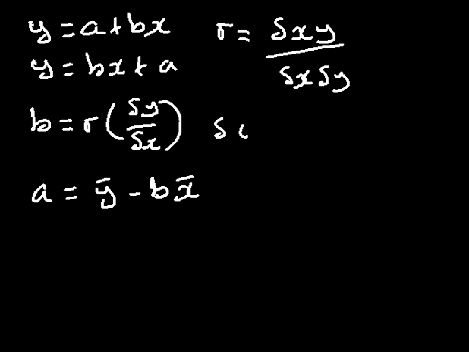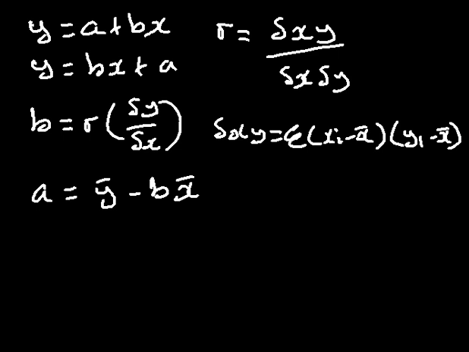Of which sxy, that is the covariance, is given as the summation of xi minus x bar times yi minus y bar, divided by n minus 1.